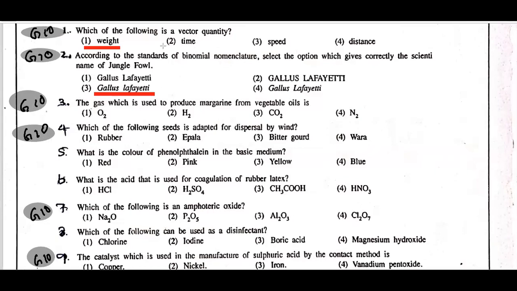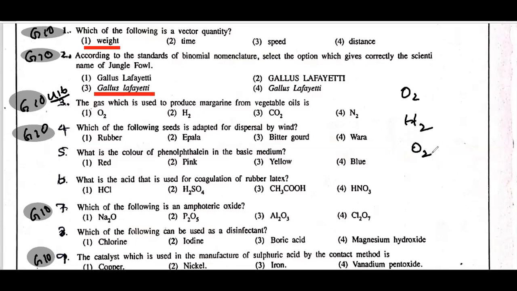This is from grade 10 unit 16, uses of gases. If you want to write it down: hydrogen gas uses, carbon dioxide gas uses, oxygen gas uses. These three gases you should know in detail. Mainly in grade 10 you learn oxygen, hydrogen and carbon dioxide.